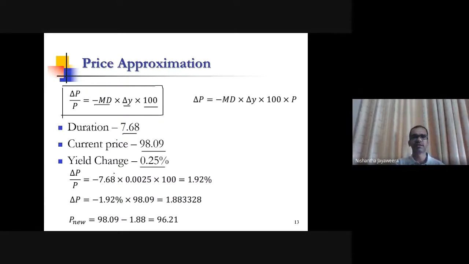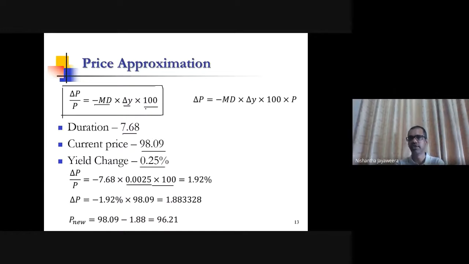Duration 7.68. Even though it says 7.68, it is negative by definition and in nature. So minus 7.68, and the change in yield is positive. Remember, we substitute it as a decimal, not as a percentage, and multiply by 100. Together you can consider this as the percentage, then you have to drop this 100.